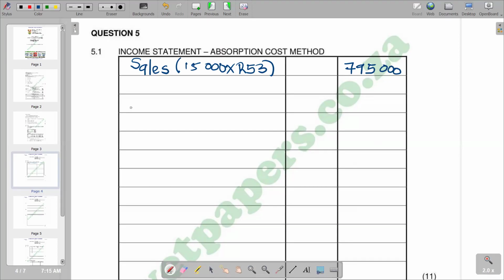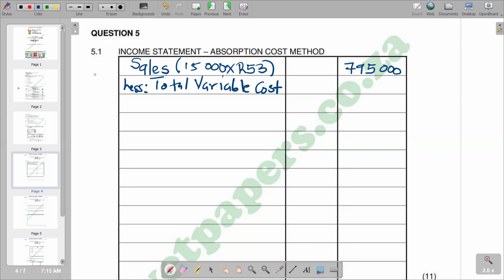Then after the sales, we are going to less our total variable cost. So here, I believe we are going to list all the variable costs that we have requested, and then the total should come here.